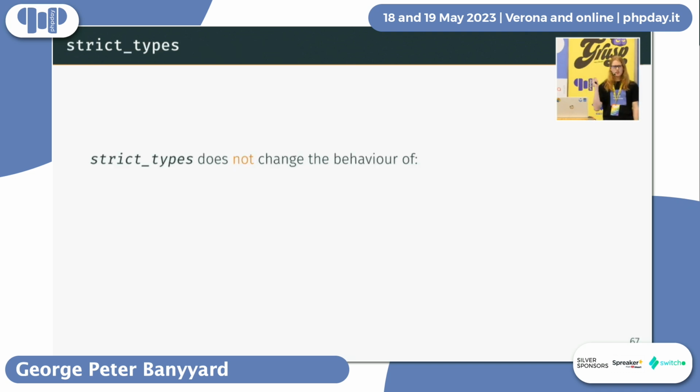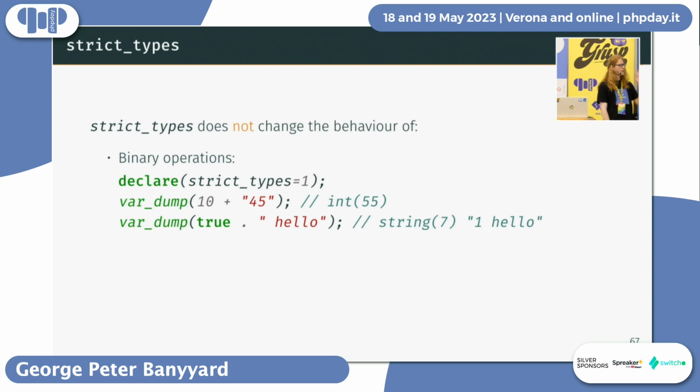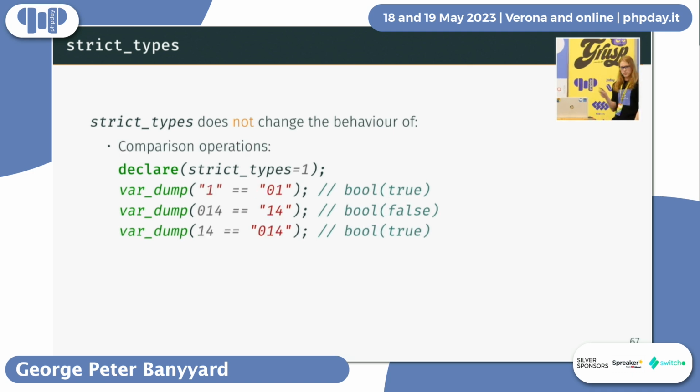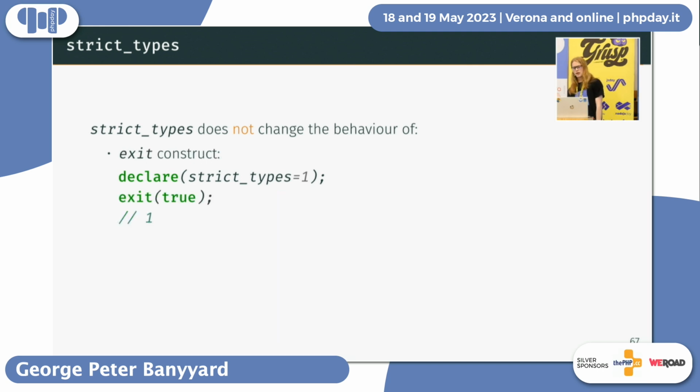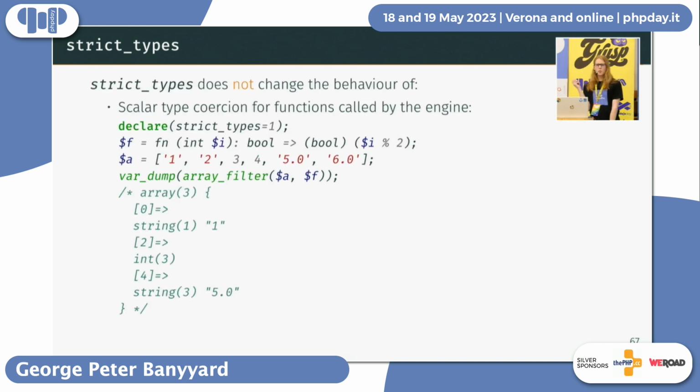So it doesn't change the behavior of binary operations. That still gets cast however it wants. Neither comparison operators, neither exit. But more importantly, it does not change the behavior of functions which are called by the engine. The engine always works in weak typing mode.